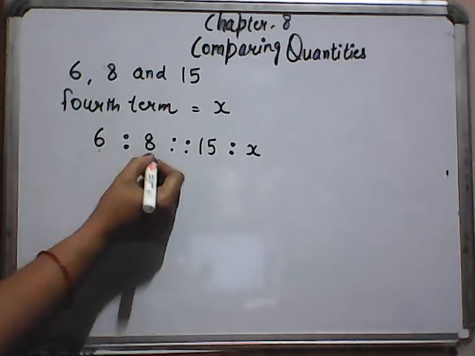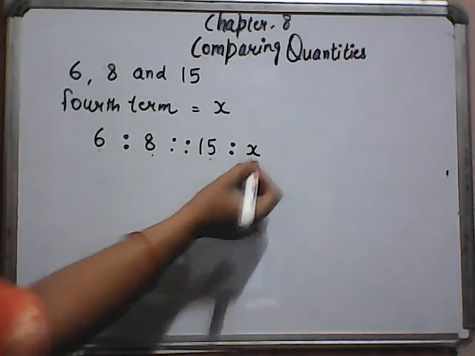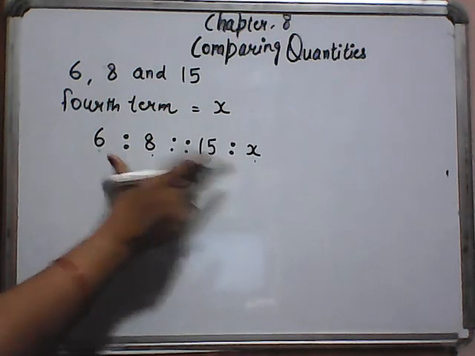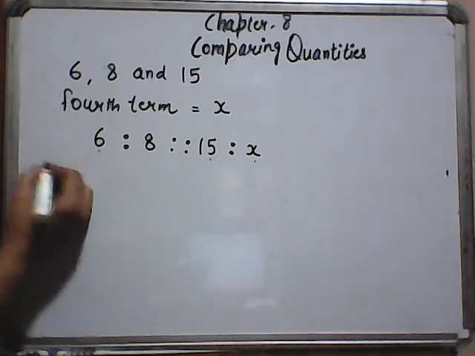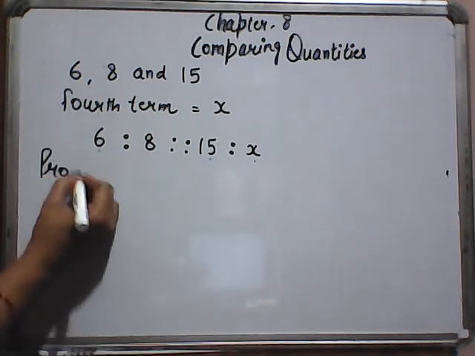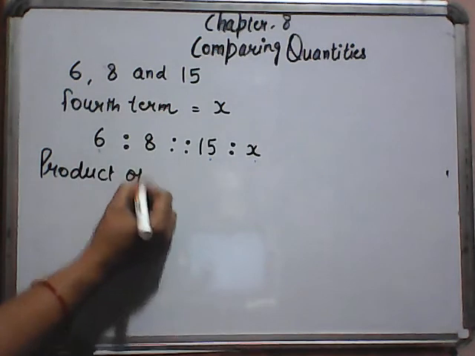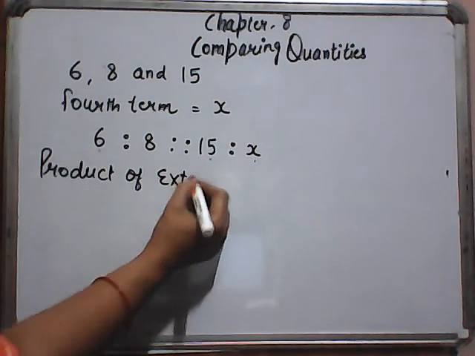First term, second term, third term and fourth term. We know when the given ratios are in proportion, then the product of extremes is equal to the product of means.